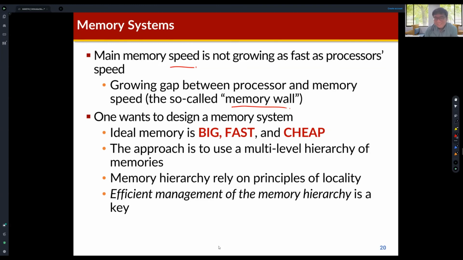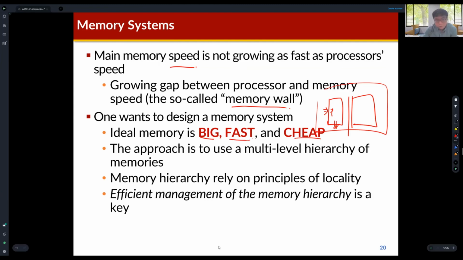But as I mentioned, the programmers' illusion is that there are a large number of processors and large, fast memories in our computer systems. The ideal memory is big, large, fast, and cheap.